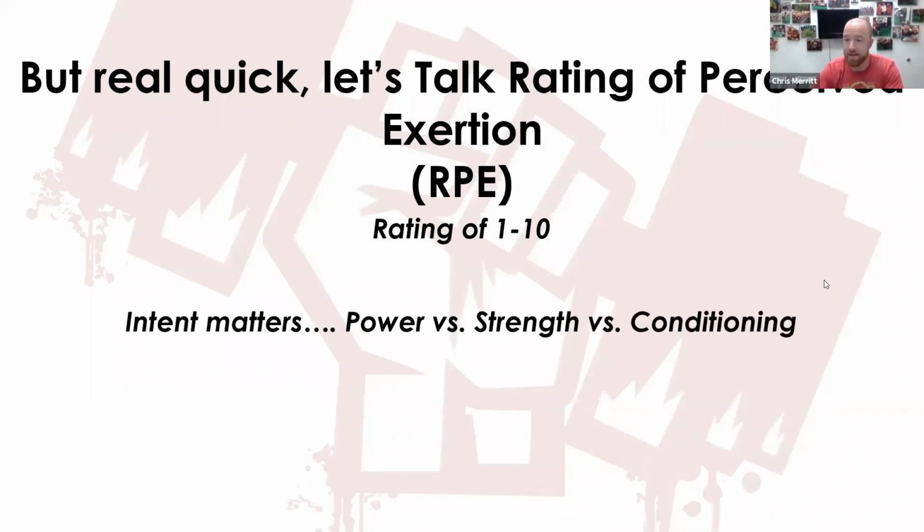But intent matters, bringing it back to what I was saying before. Power, strength, conditioning, right? So if I was going to give someone a barbell front squat, RPE 7, everyone in their head probably has an idea of what that would mean in their system. In our system, it would mean that they have about 3 quality reps left in the tank.